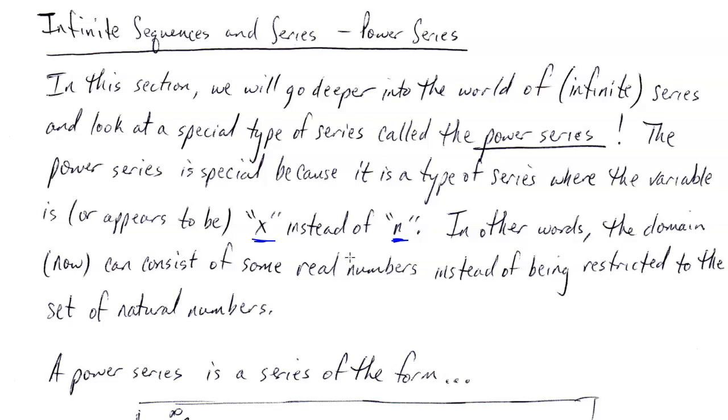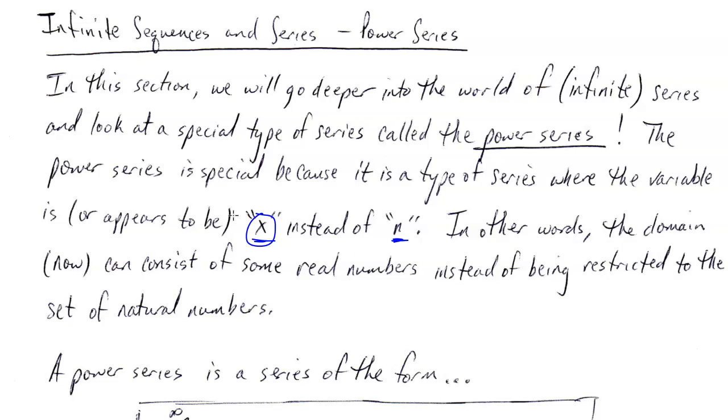What we're now doing is adding x to these particular series, where x can be any real number. And when I say any real number, it depends upon what the series is and how that series converges as to what set of real numbers that would actually be.